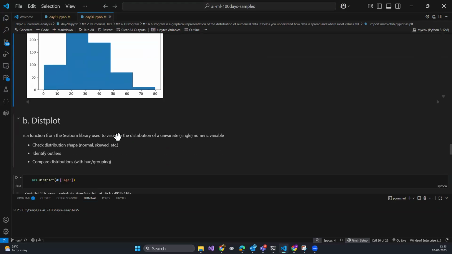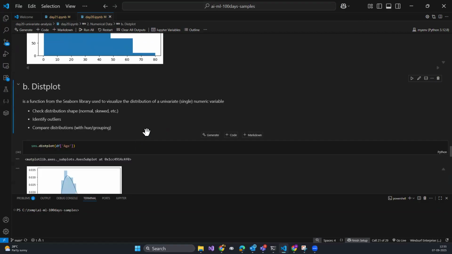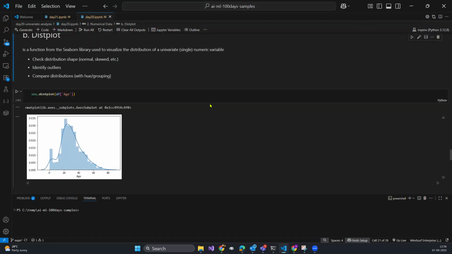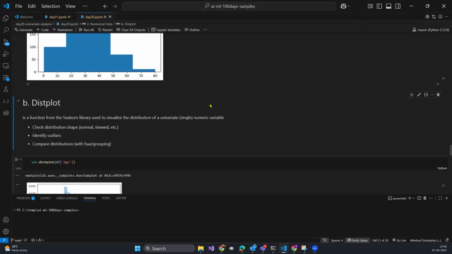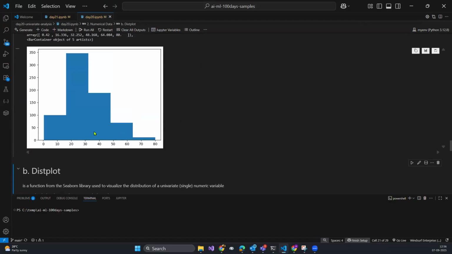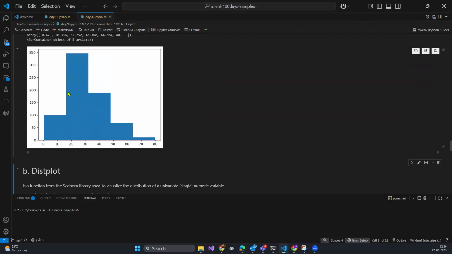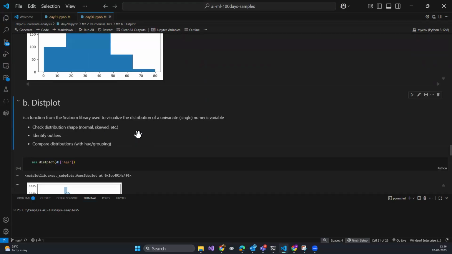And the next visualization is displot. This is a function from the Seaborn library itself, and it shows the distribution of univariate variables. What it does is similar to the histogram, but it draws lines across, right?